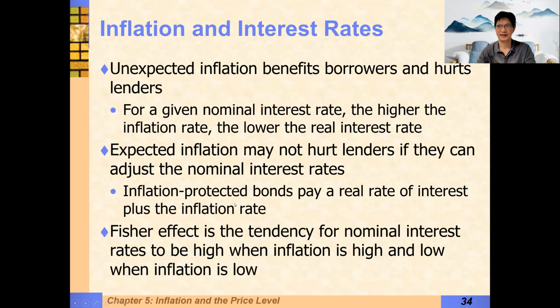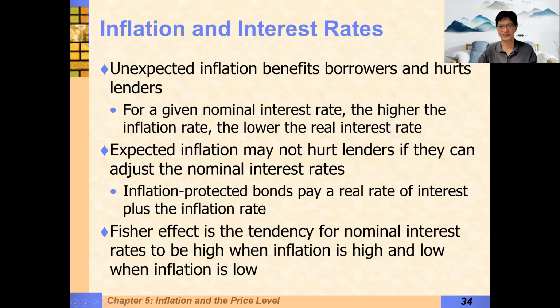Now, it's sometimes possible to avoid these unexpected transfers between borrowers and lenders by certain institutional arrangements, certain types of contracts where they adjust the interest rate for inflation. An example of this is what we call inflation protected bonds.